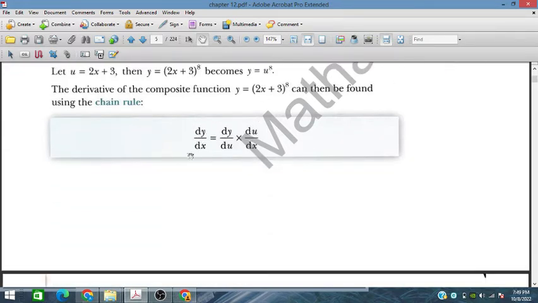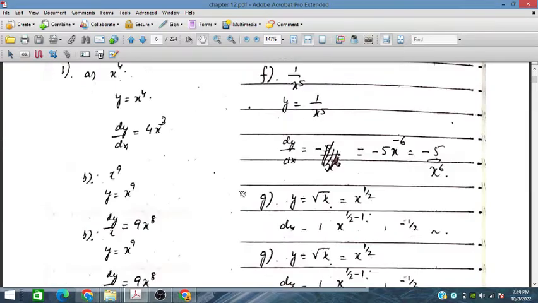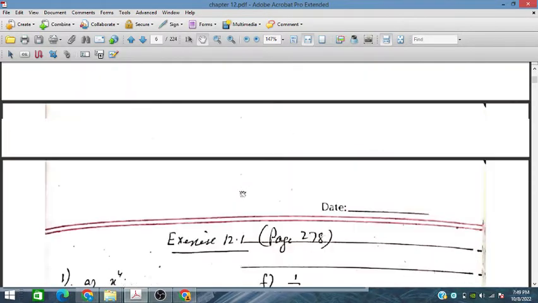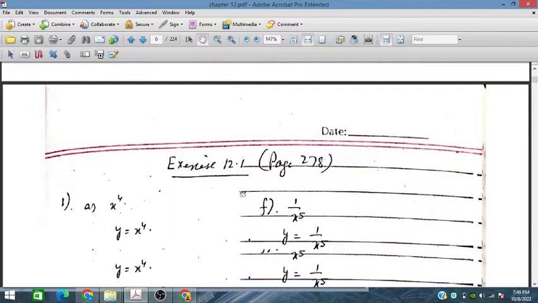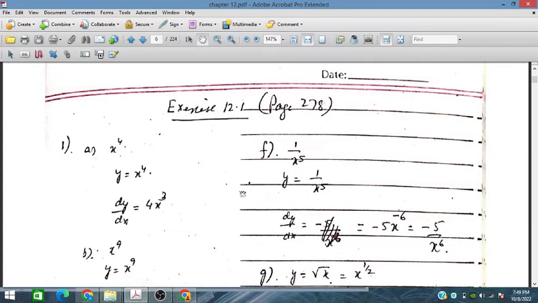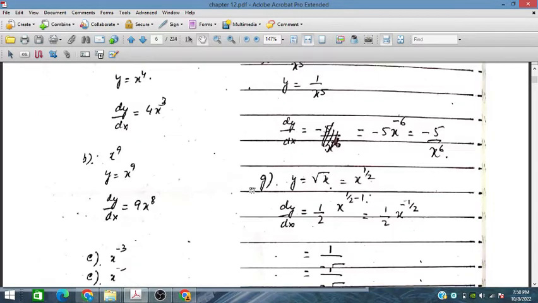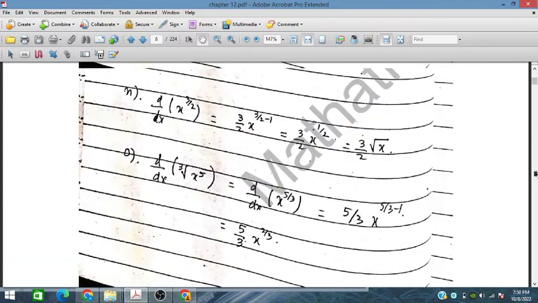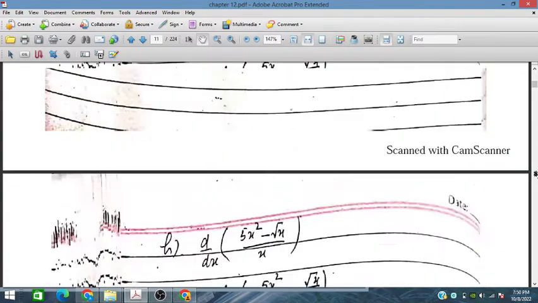Today we are going to start 12.2, the chain rule. For this chain rule we will use dy by dx, which is obtained through dy by du and du by dx.